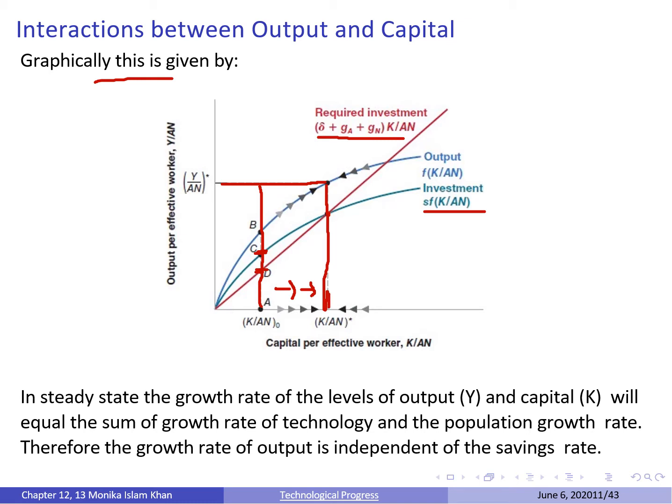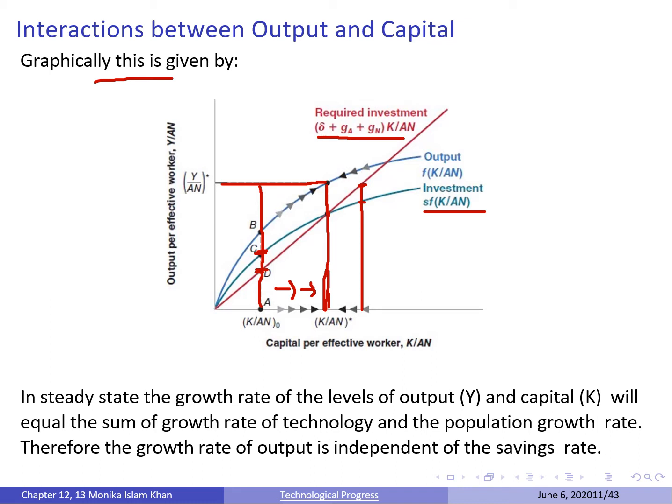Okay, again, if your investment is less than your required investment of capital, again, we are not at the steady state. We have a capital stock that is higher than the steady state capital per effective worker. At this point, we have a required investment into capital which is greater than your actual investment into capital stock.